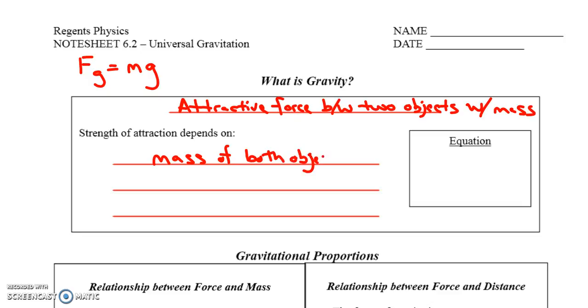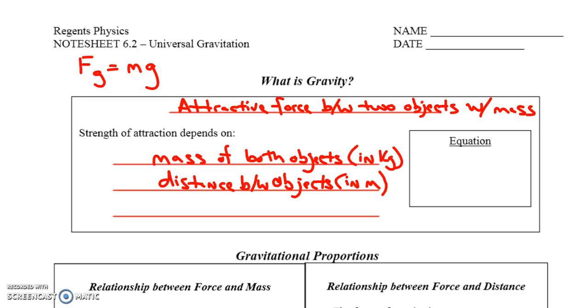Just as a reminder, the mass has got to be in kilograms. Kilograms is our base unit of mass. And the distance between the objects is in meters.